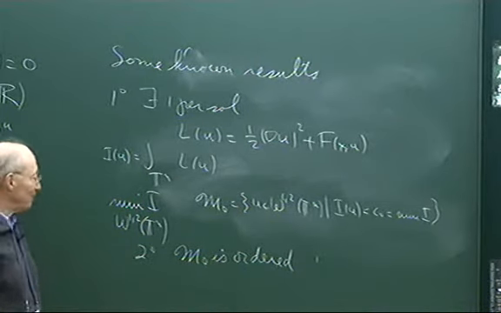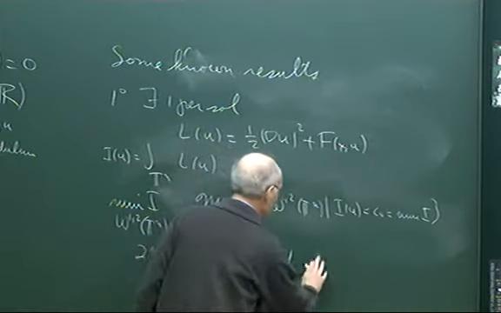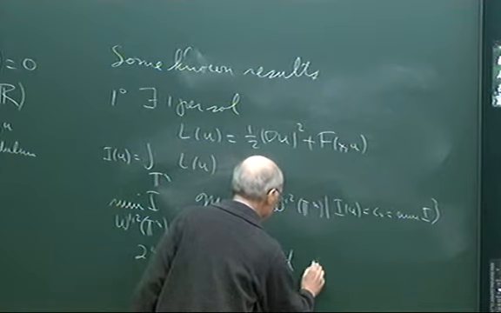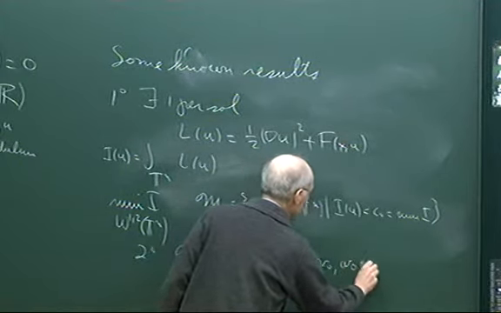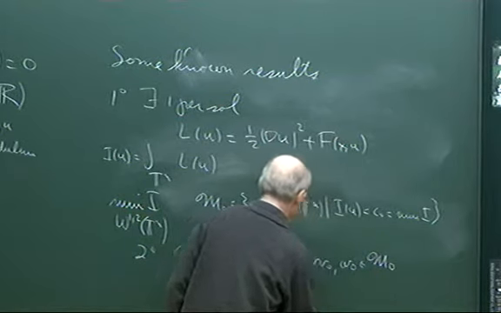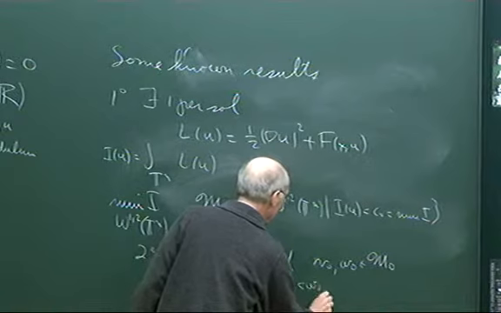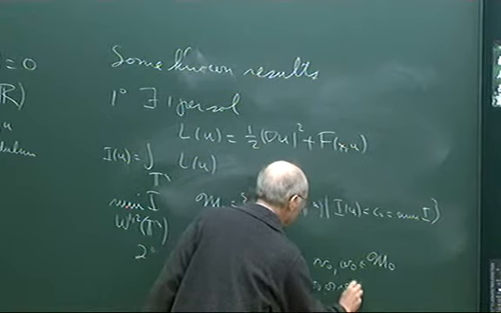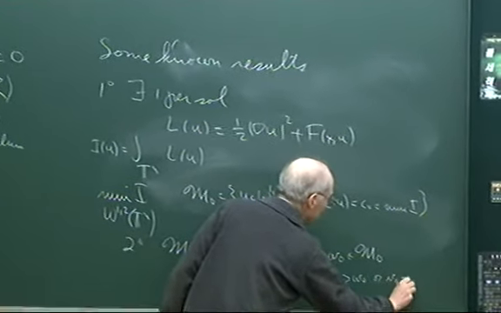I don't have enough time to show you the details. And by ordered, I just mean if, say, v0, w0 belong to M0 implies that v0 is less than w0, or v0 is greater than w0, or v0 is identical to w0.